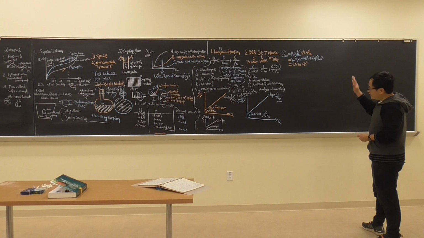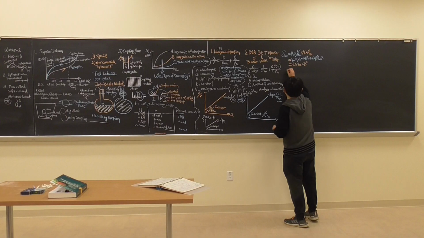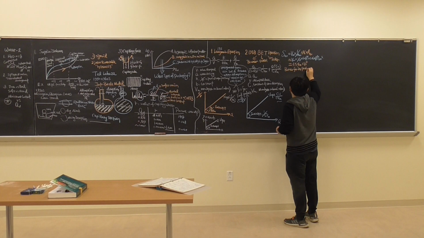So then people are doing some research. They do a different analysis of the food products. They find that the BET equation is better for dry products. So let's say dry apple, dry potato.